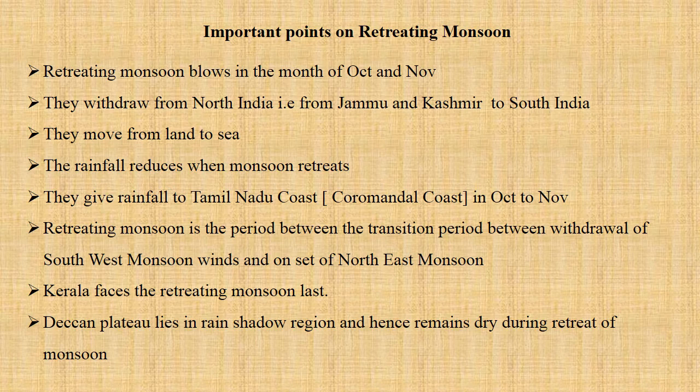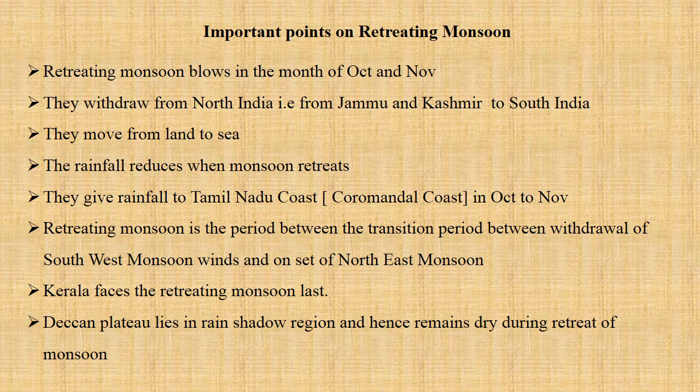Retreating monsoon is the period, how to define it? It's a period between the transition of the withdrawal of southwest monsoon winds and the onset of northeast monsoon winds. Kerala faces the retreating monsoon last, that is the first week of December. And the Deccan Plateau lies in the rain shadow region and hence remains dry during the retreat of monsoon.